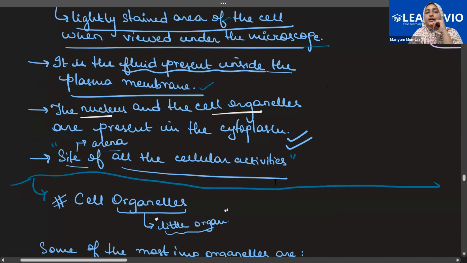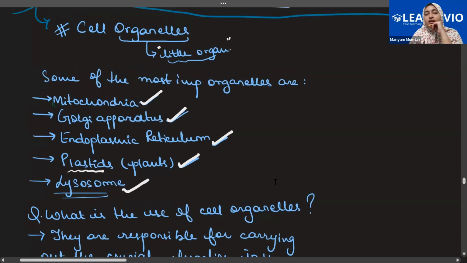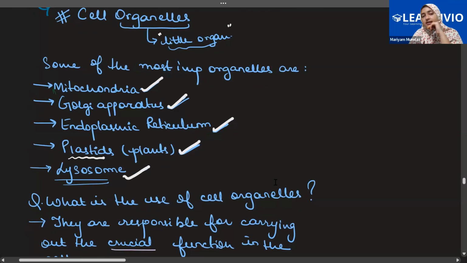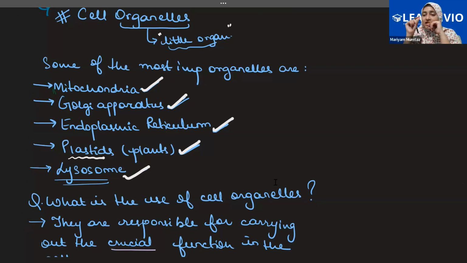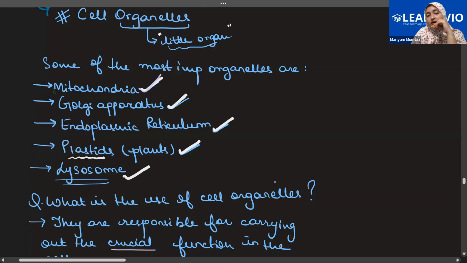Okay. Now we are going to start talking about the cell organelles. Organelles are the tiny organ-like structures that are present inside the cell. Each of them has its own function to perform. Okay. So some of the most common types of cell organelles, the first one is mitochondria.